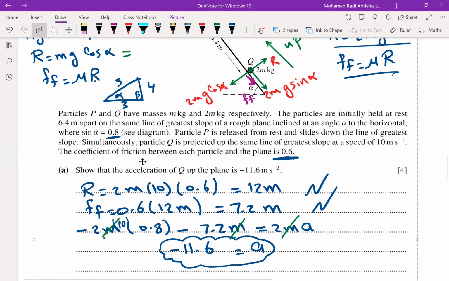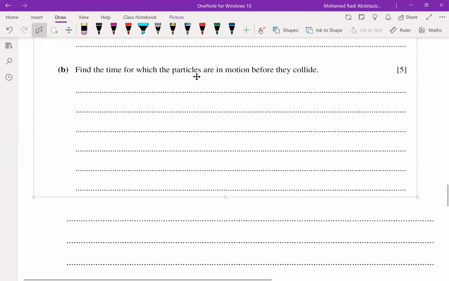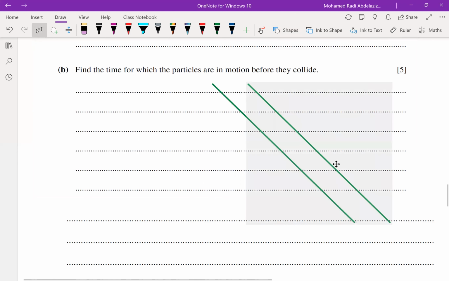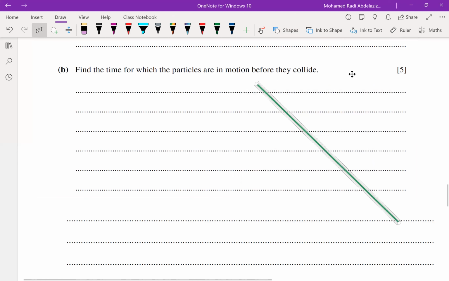Now look at part B. Find the time for which the particles are in motion before they collide. Showing the plane again, we have particle Q moving up and particle P moving down.